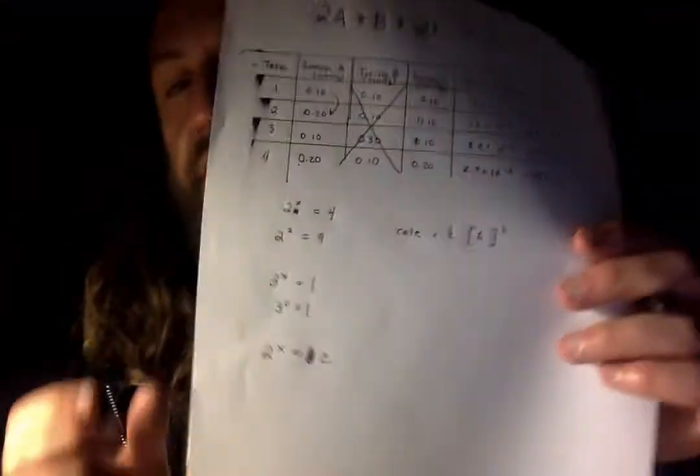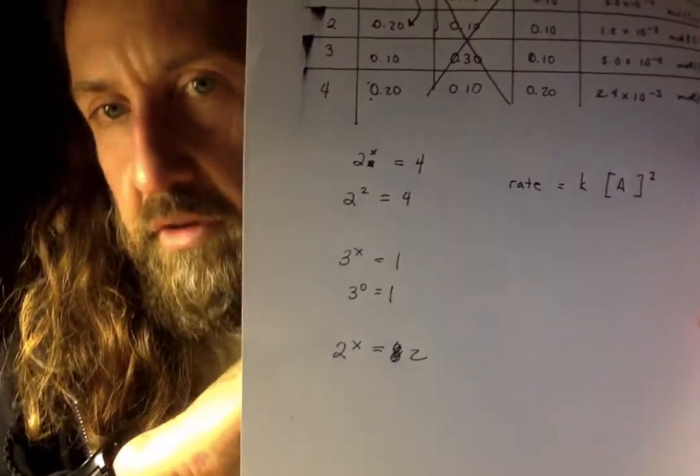So going back, it is 2.4 times 10 to the negative 3 divided by 1.2 times 10 to the negative 3, and that gives me a 2, which is what I knew the answer was going to be anyway.